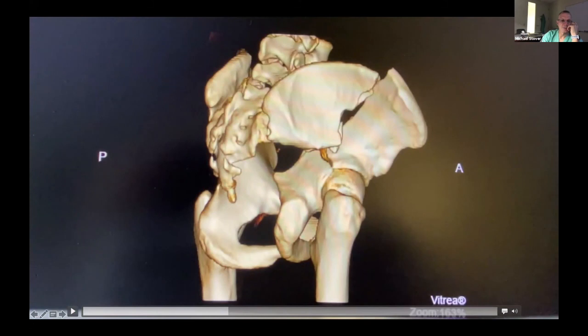The sequence would be to reduce the anterior column to the intact ilium and then the posterior column to the confluence of the intact ilium and the anterior column.